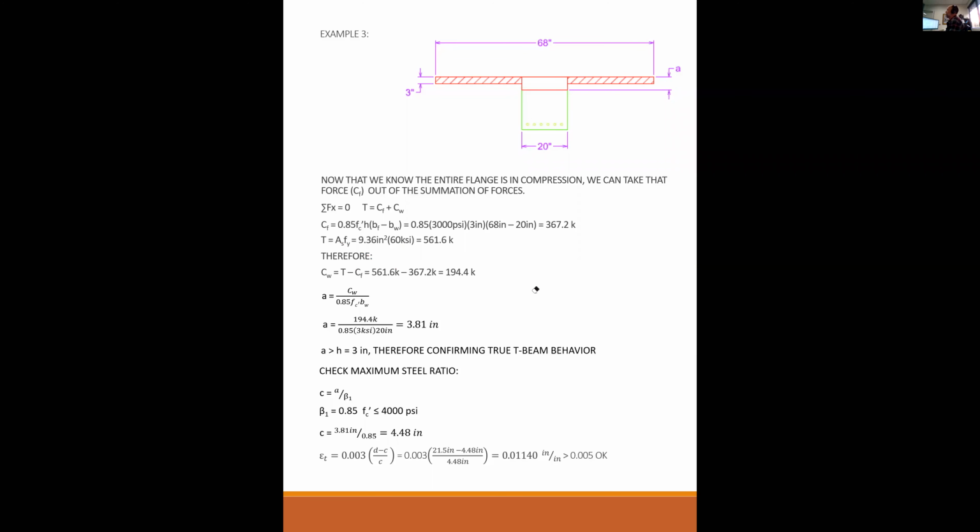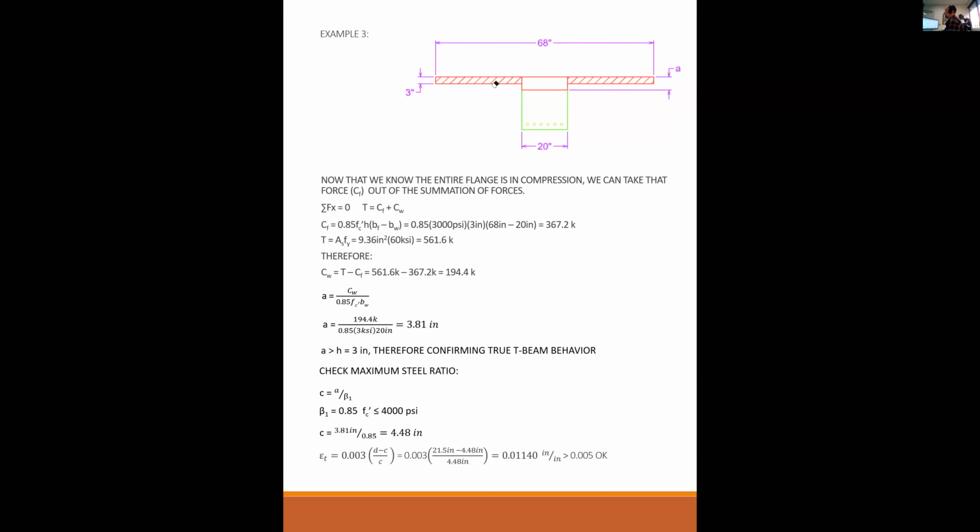Okay, so the question was, can we find the center of gravity of this whole geometric shape and then use the whole compression, CW plus CF, at the center of gravity of the whole shape? Yes, you can. But in order to do so, you have to find where that center of gravity is.